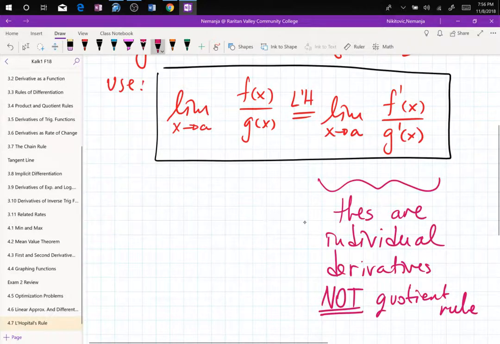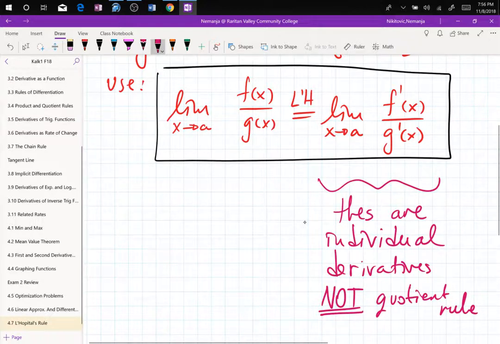So the sentence above says, if you have 0 over 0, like we have with sine x over x, you are allowed to take independent derivatives and then see what happens. If you don't have that, then use whatever other technique you can.